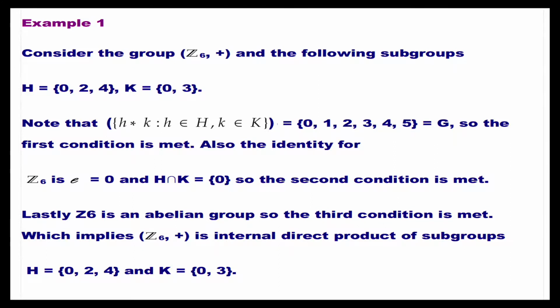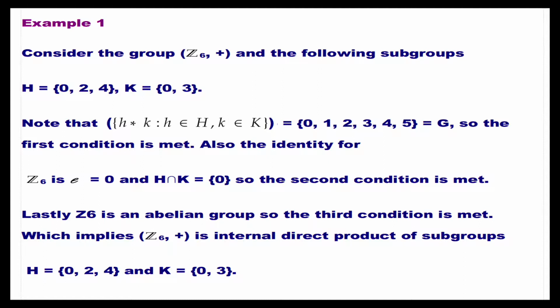Example 1, consider the group Z6 comma plus and the following subgroups: H is equal to {0, 2, 4} and K is equal to {0, 3}. Note that the set of h plus k such that h belongs to H and k belongs to K is equal to the set {0, 1, 2, 3, 4, 5}, which is equal to G. So, the first condition is met.